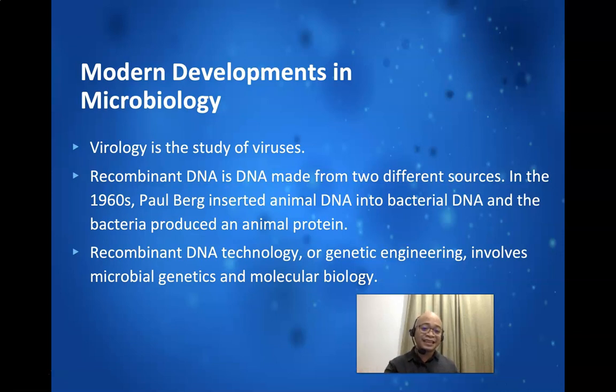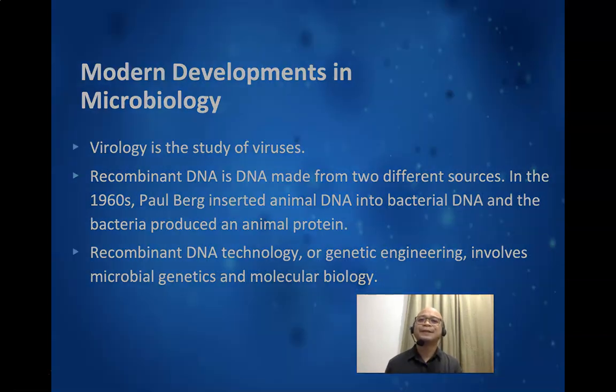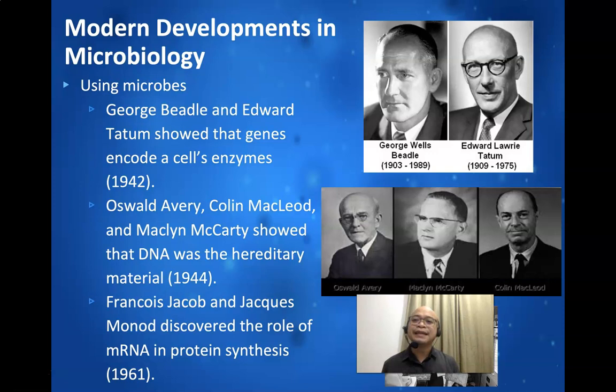That bacterial DNA is called the vector, and the bacteria can now produce animal protein. So we can have recombinant genetically engineered insulin, genetically engineered factor VIII. Recombinant DNA technology, or genetic engineering, involves microbial genetics and molecular biology. And there have been many developments.